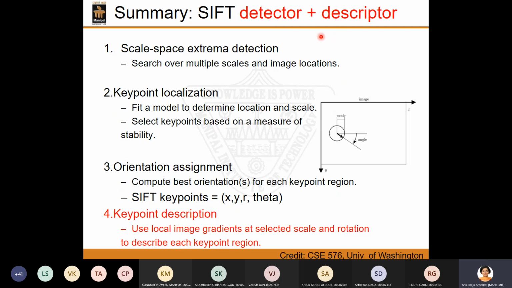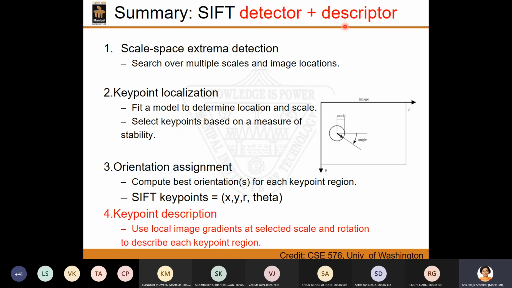They are mutually independent, which means I can use a SIFT detector and maybe some other kind of descriptor, or use some other detector to find the key points and then use the SIFT descriptor. You don't have to use the SIFT detector and descriptor alone.